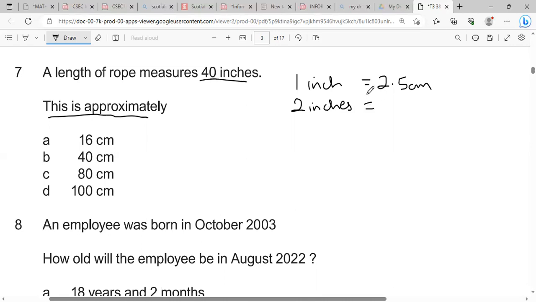Wouldn't that be equal to 2.5 plus 2.5? Or we could just multiply, which gives us 5, right?